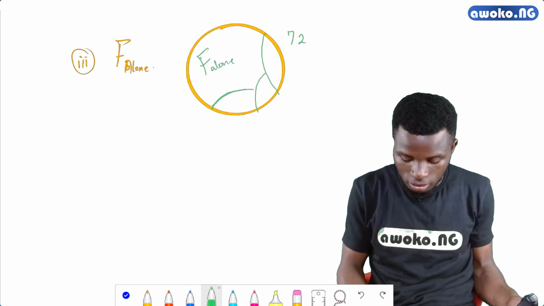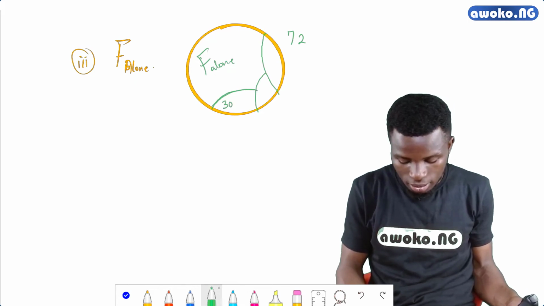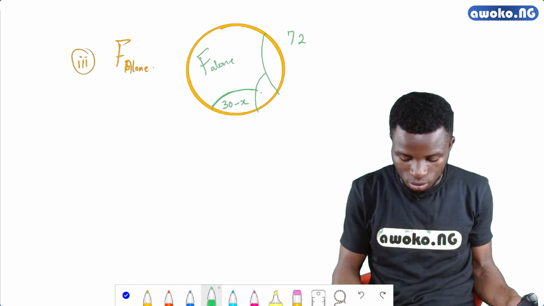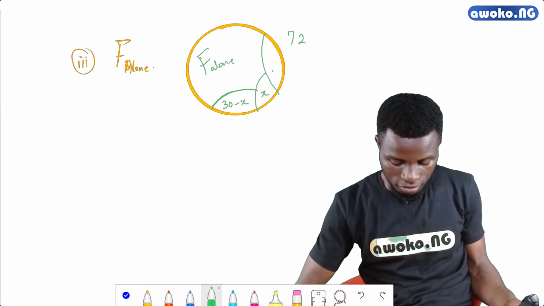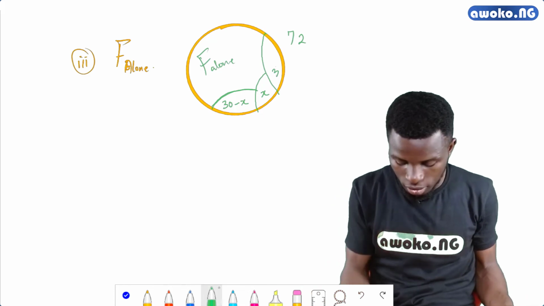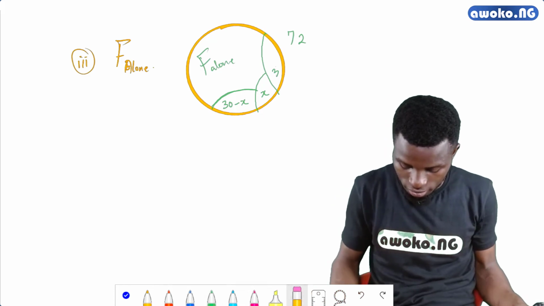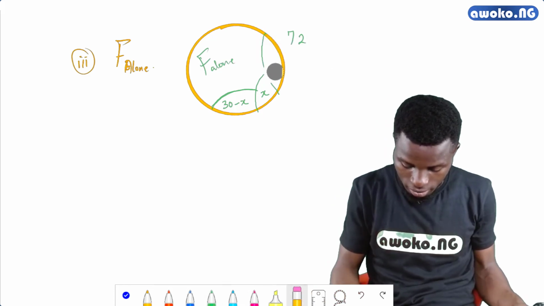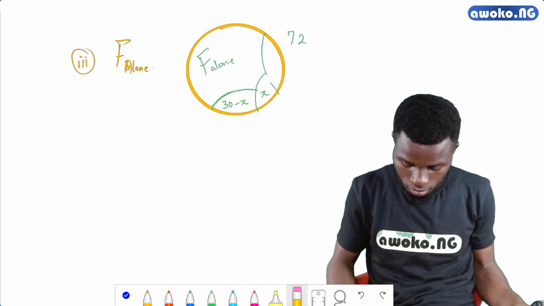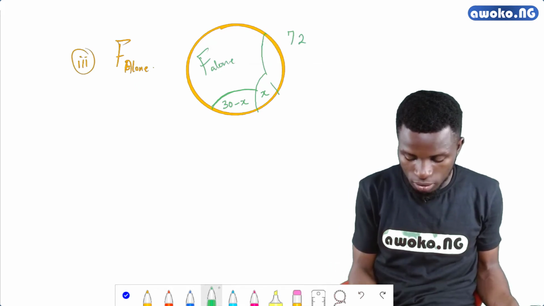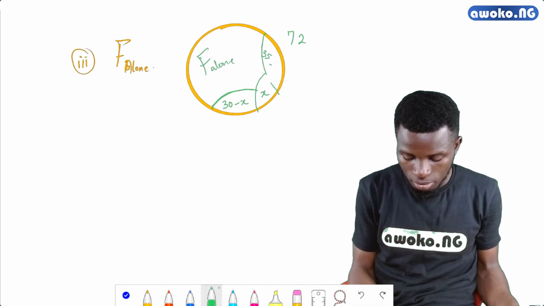So this part is 30 minus x. This one is x, while this is equal to 35. Let me write it clearer. This is equal to 35 minus x.